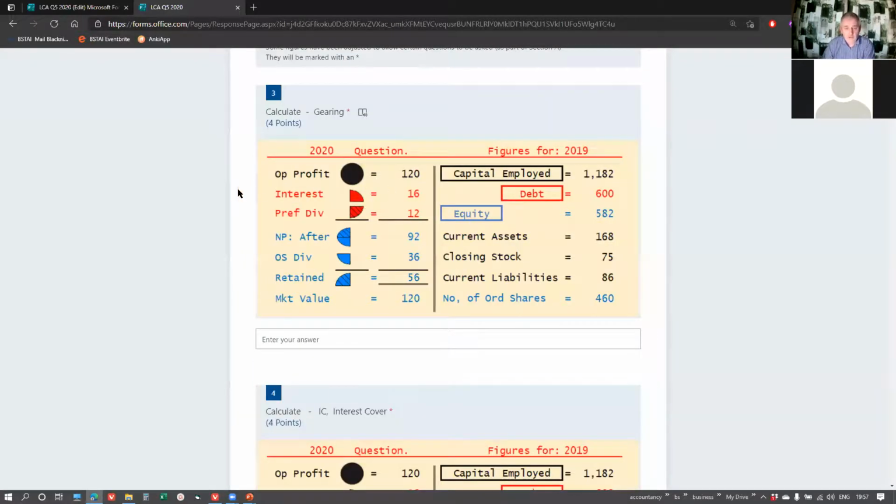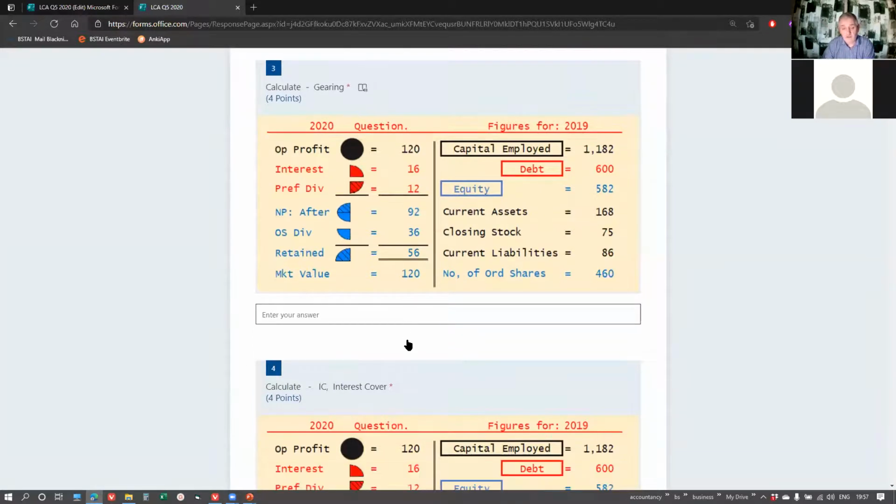Okay, so here's my 12 important figures, and as I said, I even include preference dividend because I like to keep the pathway consistent as opposed to just the figures. So when it comes to doing gearing, they're able to go 600 over 1182. All the figures are already there to drop in, and it's going to be a percent, so they work it out as a percent.